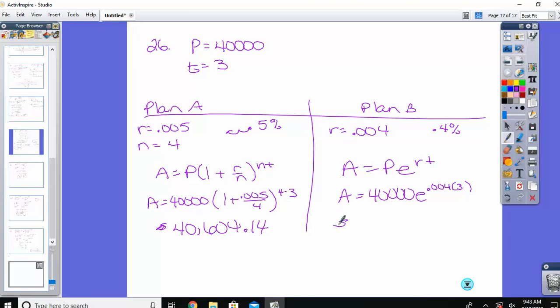And you get $40,482.89. So if you're going to make an investment, you want to get the most money out of it you can. So which one would you pick? Okay, you get more money there. Now, if you were taking out a loan, and this was the amount you're going to have to pay back to the bank, which one would you pick? B. So you have to think about the context to know, do I want the higher amount or not?